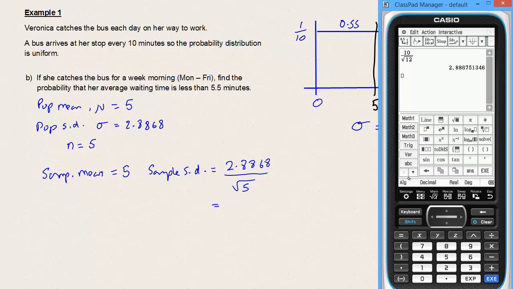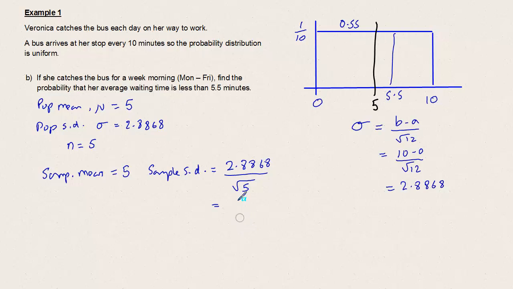So we just need to work that out. So this was our answer to the last part. Just drag it down there, and we'll divide that by the square root of 5. And that gives us 1.291. That's as much as I'll write down at this stage.